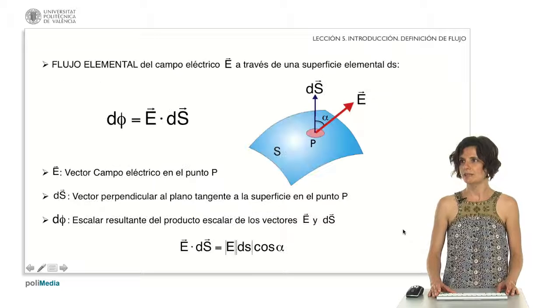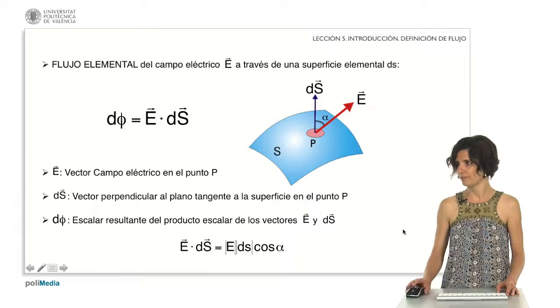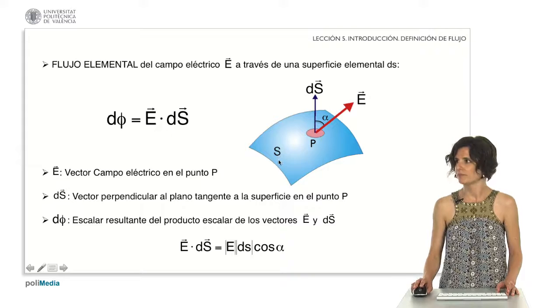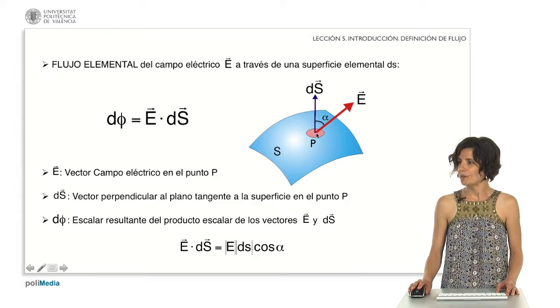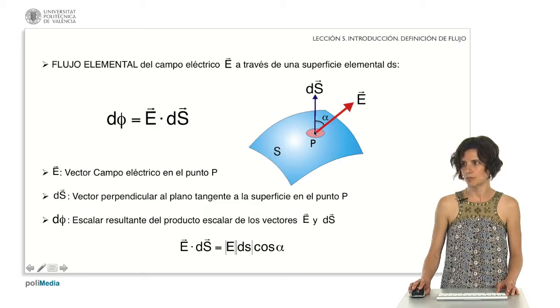For this, we will define the elementary flux of the electric field through an elementary differential surface of S. Let us choose any surface. Let's mark a differential of area, and the central point P. At this point we will first evaluate the electric field, and we will represent it with its corresponding vector.